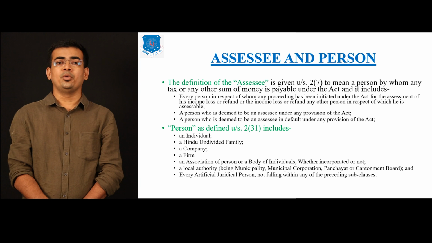A person who is deemed to be an assessee under any provision of the Act, and a person who is deemed to be an assessee in default under any provision of the Act.